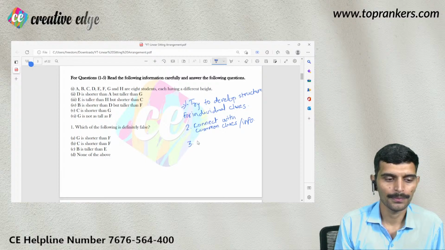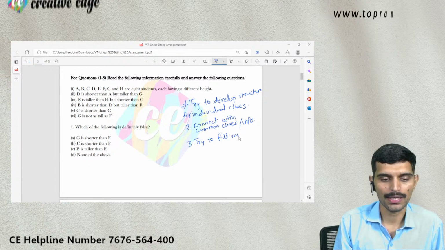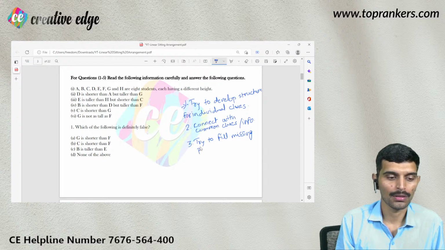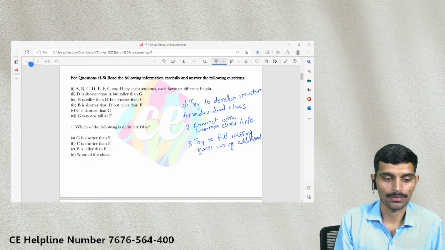Third, try to fill missing places using additional given information.